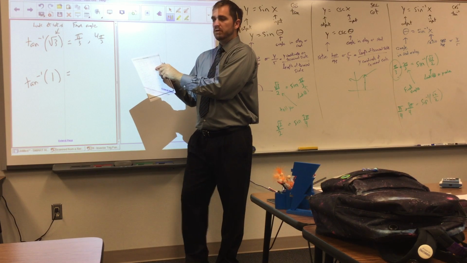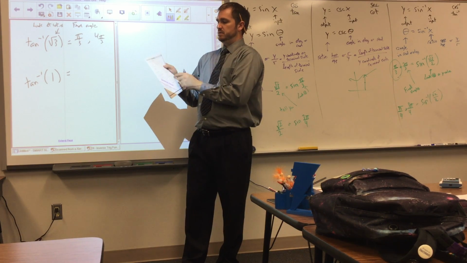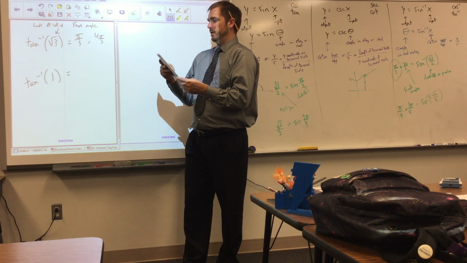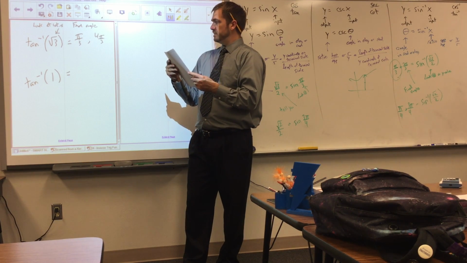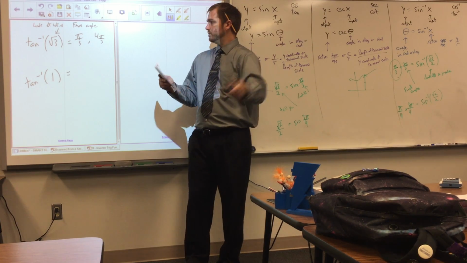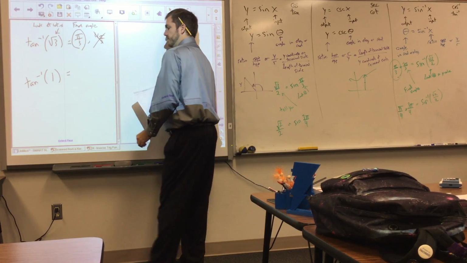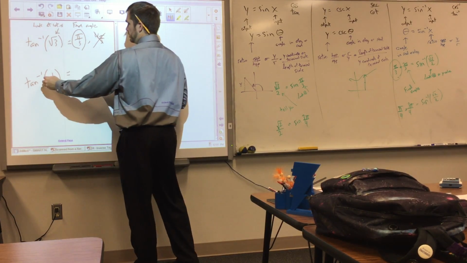Because in that third quadrant down there, they're both negative, and a negative over negative cancels out. All right. But the answer is going to be the first quadrant or the fourth quadrant option, which means I'm just going pi over 3.